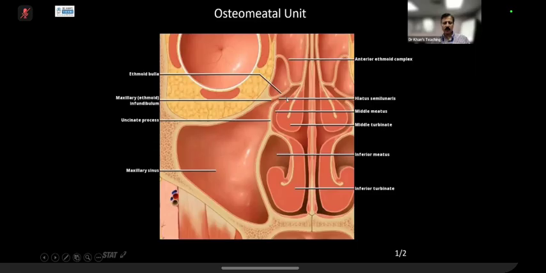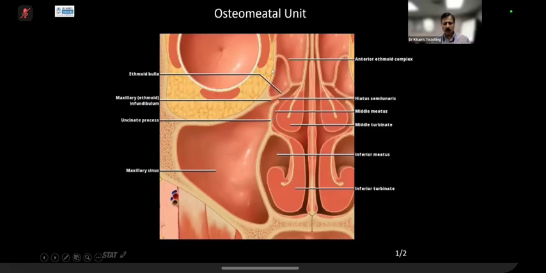I will tell you what an osteomeatal unit or complex is. The ENT surgeons want us to tell them the anatomy there, and that is why they will ask you in the exam. If they want to do surgery, they remove this uncinate process so that the drainage pathway becomes more spacious.